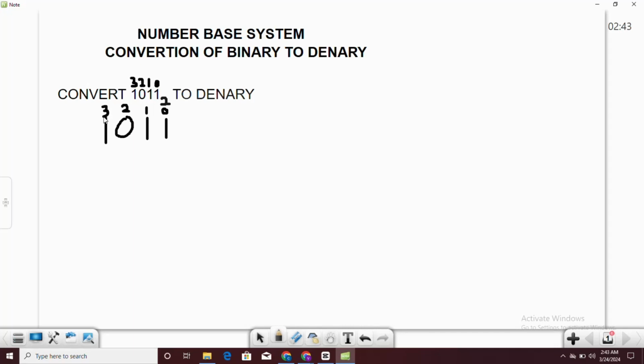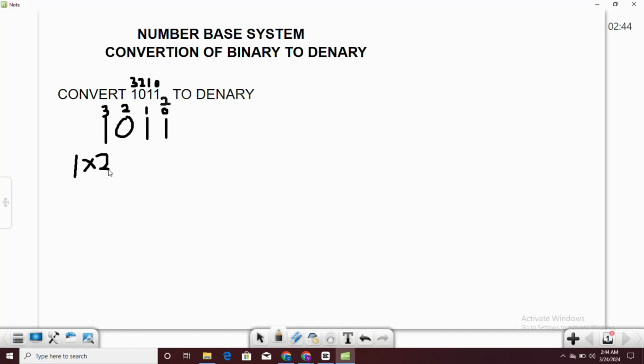In any case where you want to convert to base 10 or to denary numbers, this is the first step that you need to do. Because I'm converting a binary number, I'm going to take the numbers one after the other and multiply by the base, so 1 times 2.